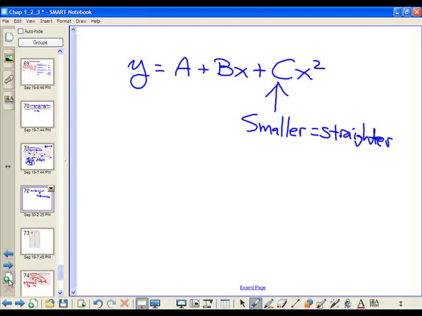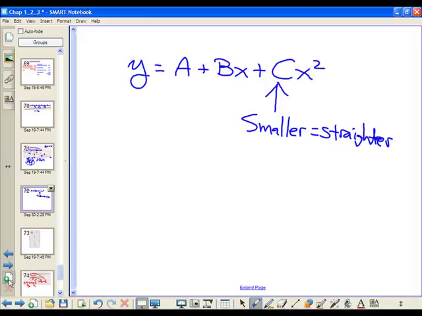So if you look at your two graphs and you can't tell which is less curved, you're going to look at this value of the quadratic. The one that has the lower c value is the one that's straighter. It's a math thing, but it helps you do that. Because if the c term went to 0, which is as low as it can get, notice what you're left with: y equals a plus bx, which is the formula for a straight line.